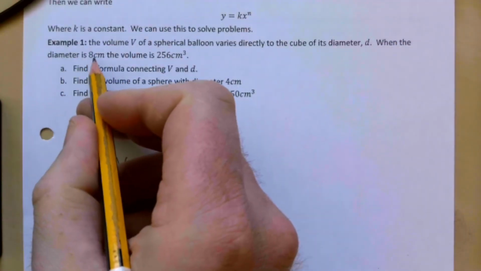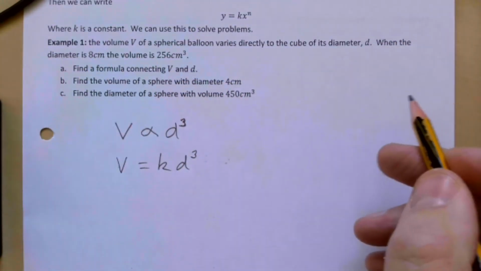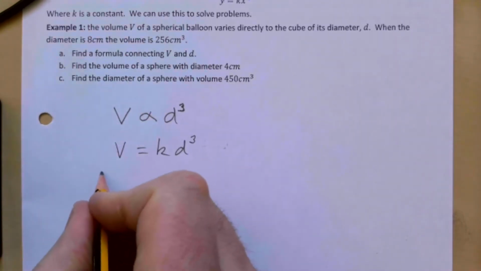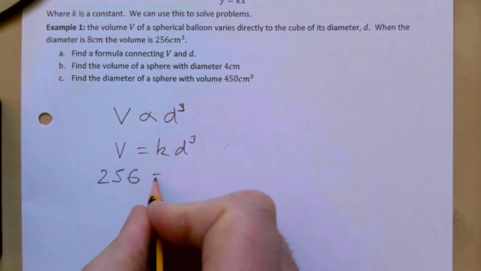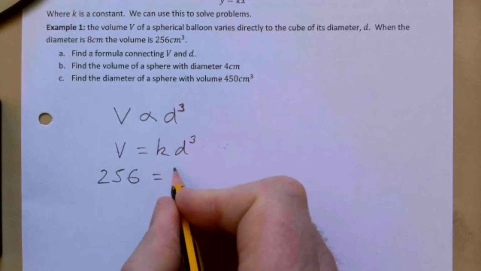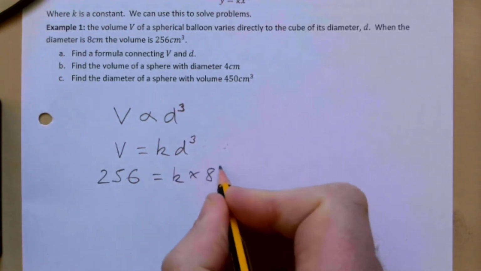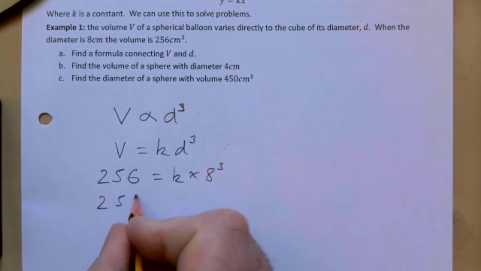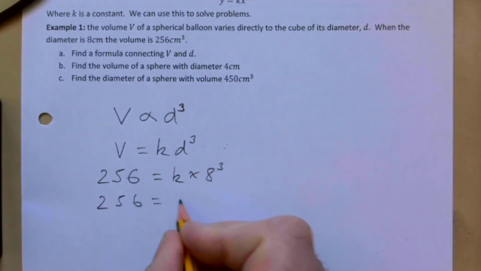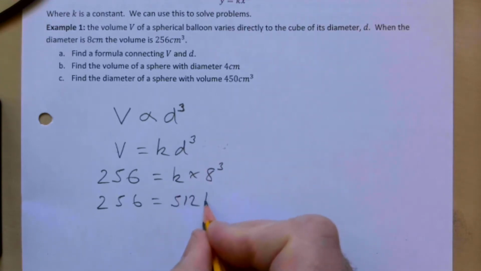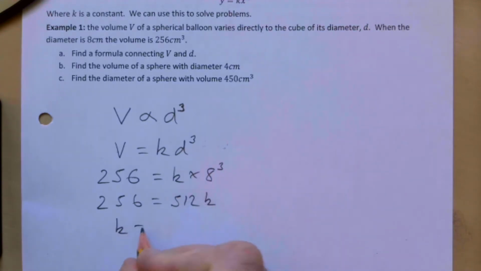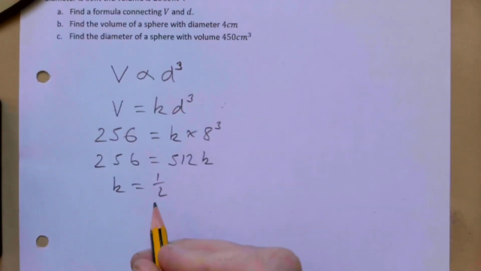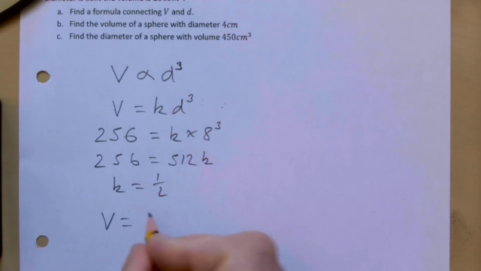When the diameter is 8, the volume is 256. So we know 256 equals k multiplied by 8 cubed. And 8 cubed is 512. And that means k equals a half. That means we'll have our formula now. So we know that V equals a half d cubed.